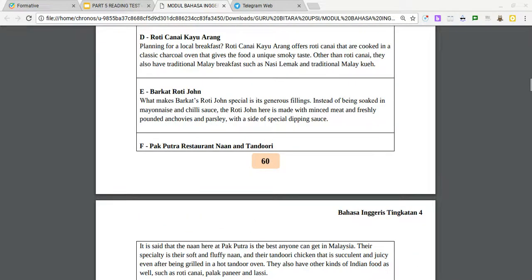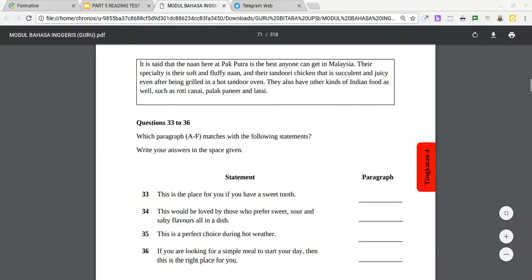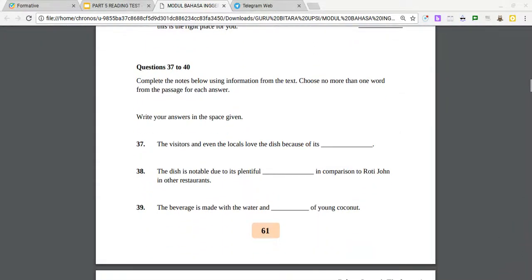You have to choose one word, based on the sentence here, as your answer. Okay, so that is some briefing about the part 5 reading test.